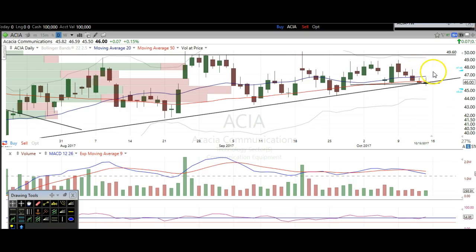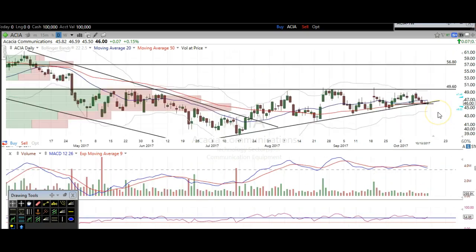Until then, this is still a good support, but the thing that has me thinking it will break potentially is we've got MACD trending lower, and we've got a bear cross right here on MACD.